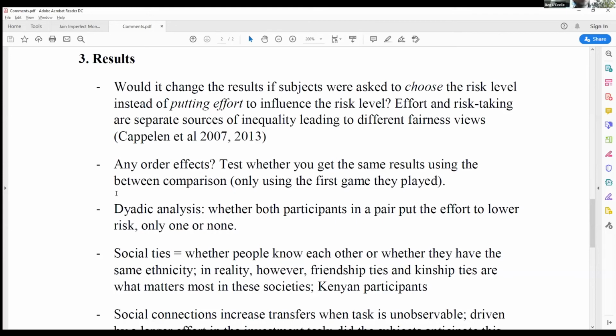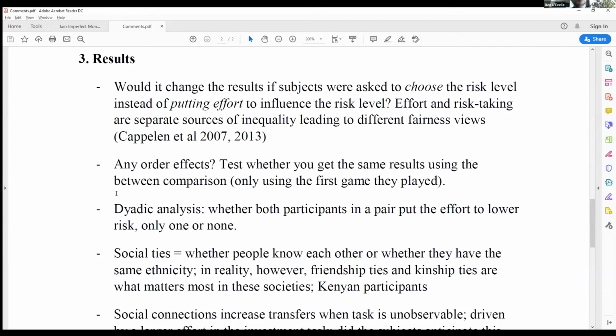Then a few comments about the social ties. For this experiment, they went all the way to Kenya, which I think is great because it's really important for these societies. People share risks, but then they used participants who, most of them, are not related.